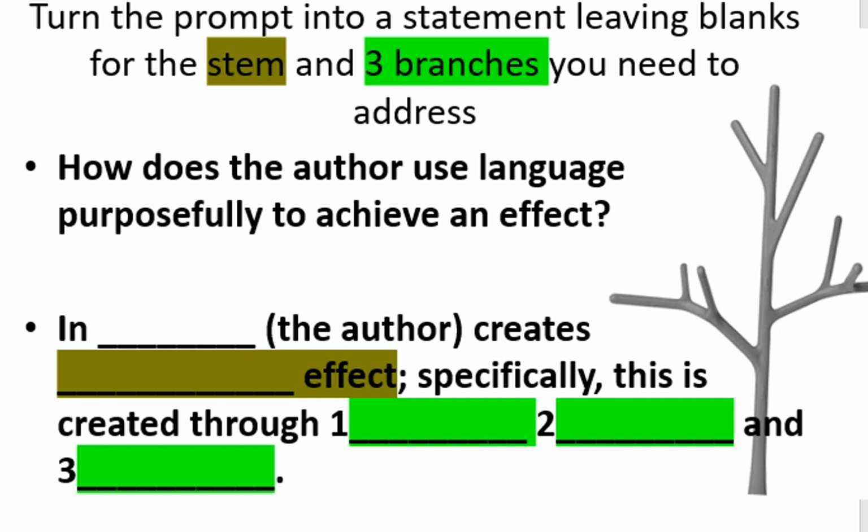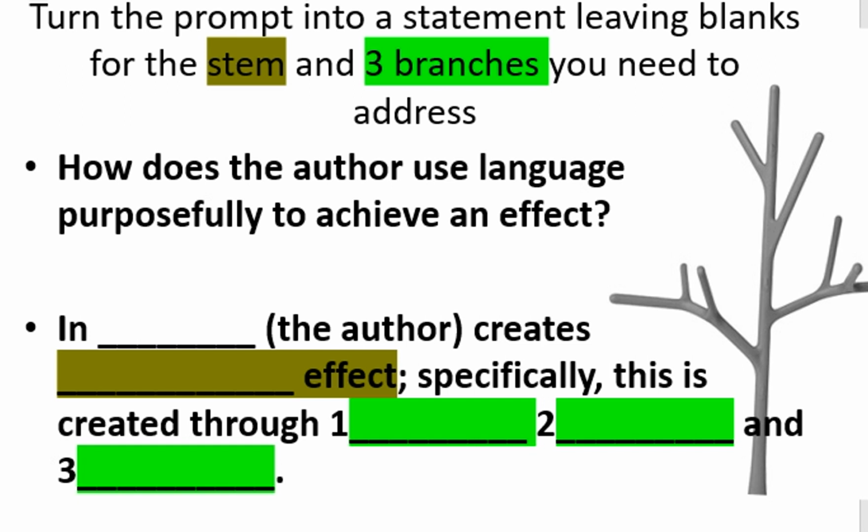So step 1 is taking the prompt and making sure that you fully answer it. So I basically take my prompt and turn it into a statement, leaving blanks where I know that I need to fill in specifics. So in the text, the author creates an effect. I have to say that because that is my stem. I have to answer it to answer my prompt.